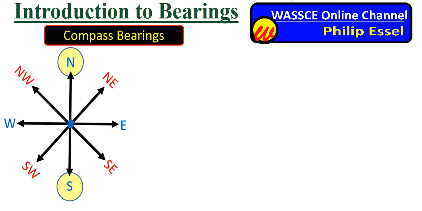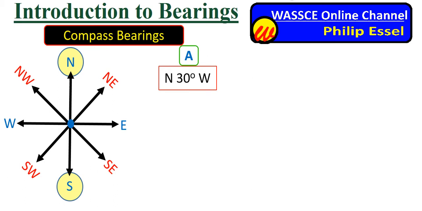Now let's look at how we can use compass bearings to determine directions. Let's take the town A. Let's assume town A is at position north 30 degrees west. How do we represent town A using compass bearing?